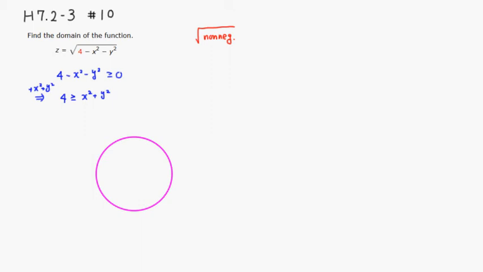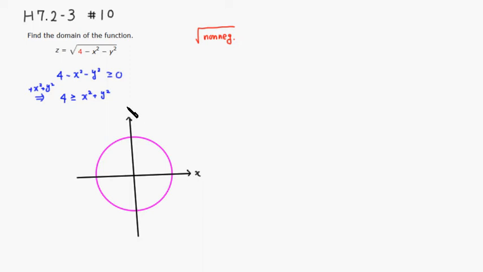Then you would have axes, which looks kind of like this. That will be the x-axis, and that will be my y-axis. Yeah, that's good enough.